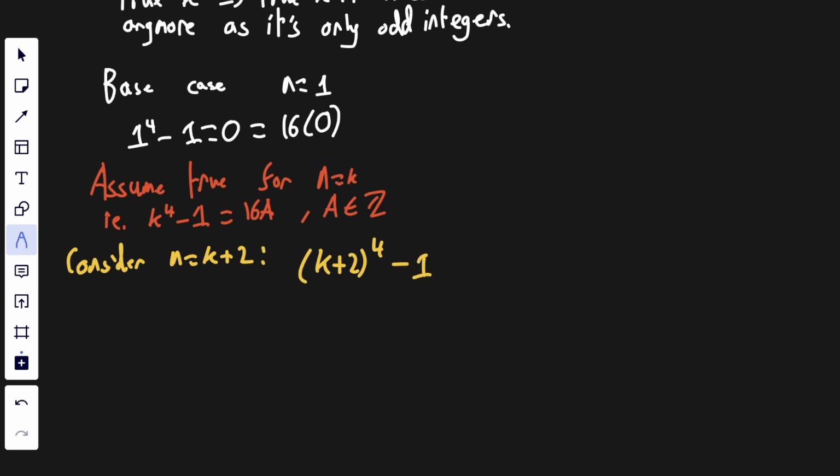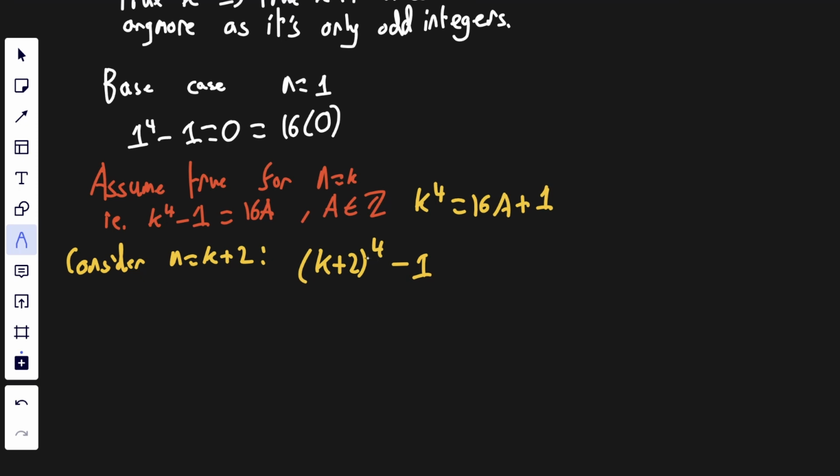Now, we saw in previous videos that our whole idea after this was to involve the assumption. What we would do is get one part of the assumption on one side, and then sub that into this expression. So I'm going to get k to the 4 on its own. That gives me k to the 4 equals 16a plus 1.